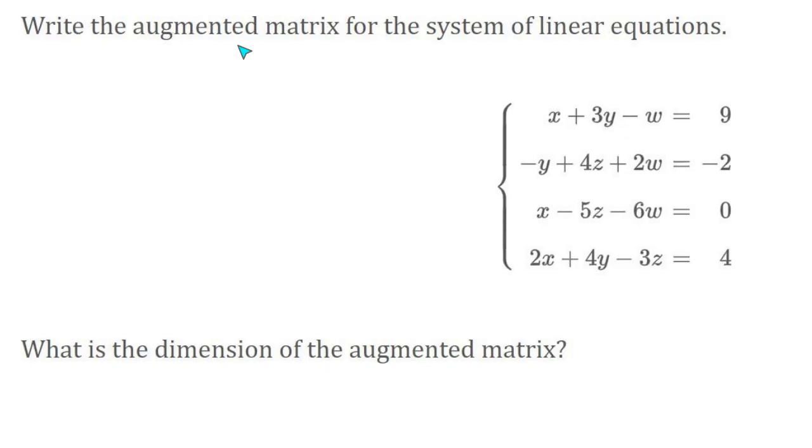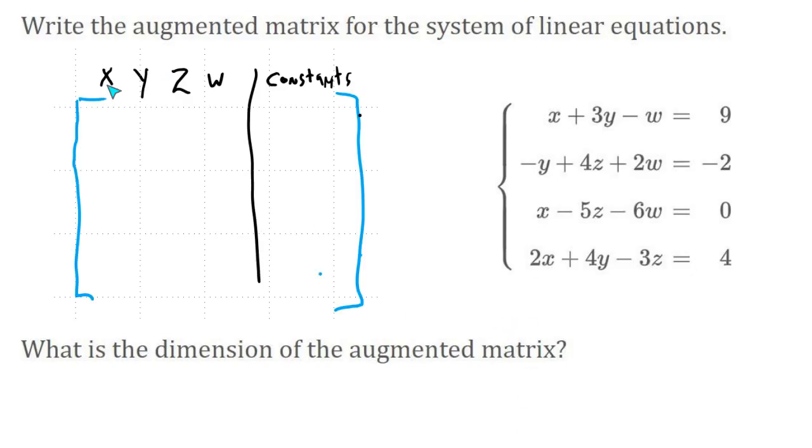So here it says write the augmented matrix for the system of linear equations, and what is the dimension of the augmented matrix. And so here what we want to do is write down what our variables are, and then on this side we're going to put our constants.